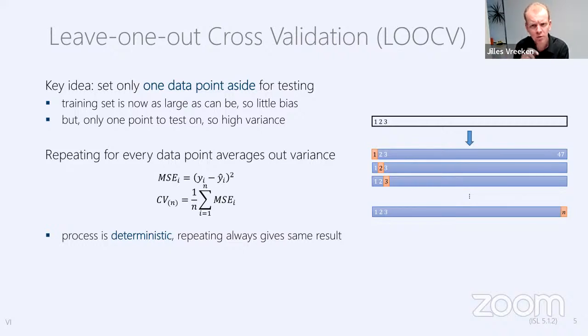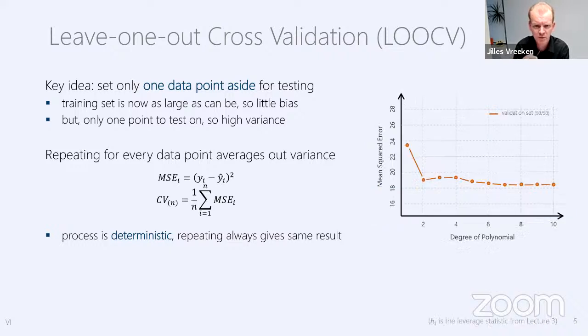Let's have a look at how good these estimates are and how they vary now compared to the validation set approach. I brought this figure. Well, we have the first degree of polynomial. This is essentially the plot that we just saw, but then averaged out again. This is the validation set approach, 50-50. If I now compare this to the leave one out approach, which I have over here, then you see that the estimates are actually quite similar.